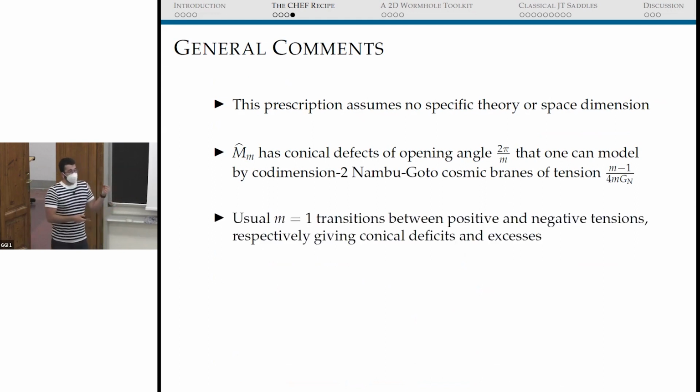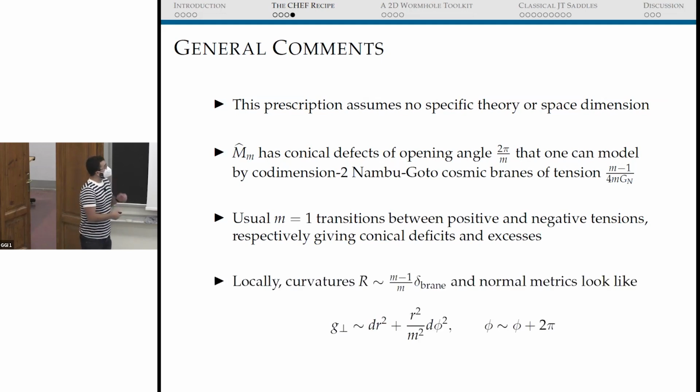M equals 1 is a very special place in this construction. And well, in general, it's the transition between positive and negative tensions, as you can see here. And what that means is that as we go to M smaller than 1, we're actually dealing with conical excesses rather than conical deficits. So for all the Renyi entropy computations, we are used to deficits. This is rather new.